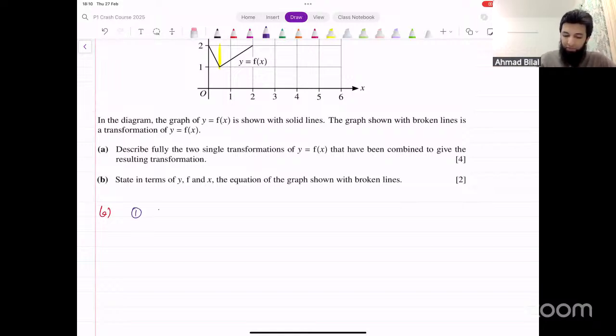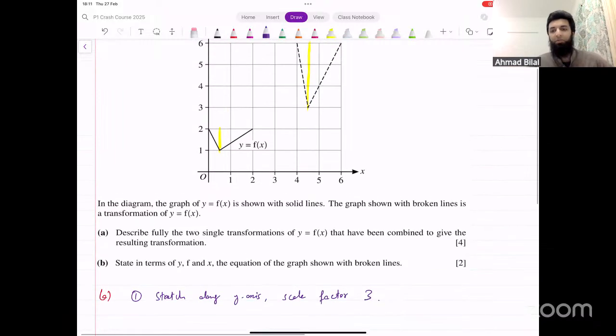Number 1, we have a stretch. Vertical stretch. You can either write vertical stretch or you can say it's a stretch along the y-axis with scale factor 3. That's one transformation that is happening. The height is becoming 3 times as compared to what we started from.